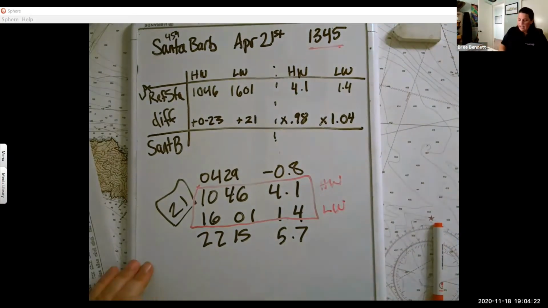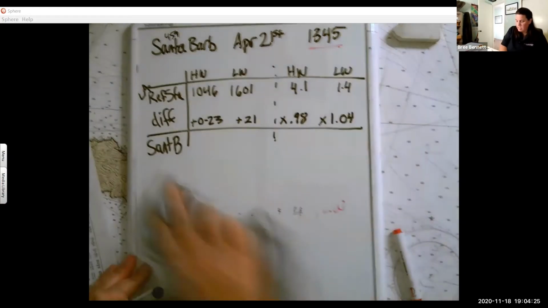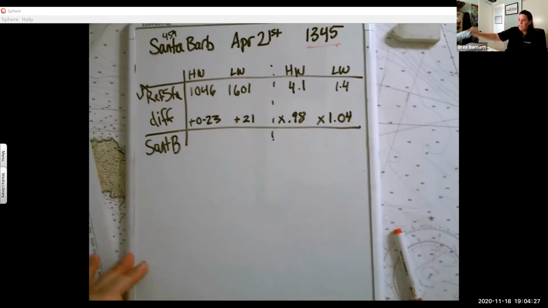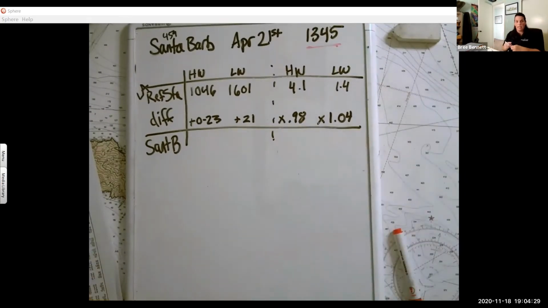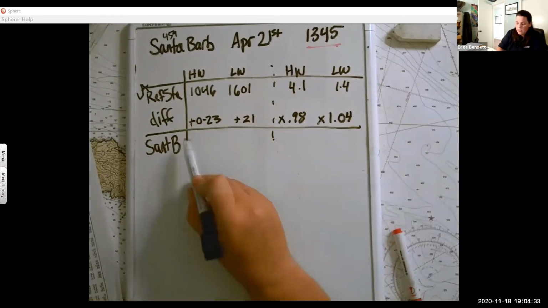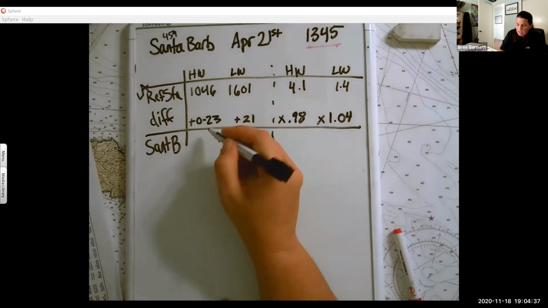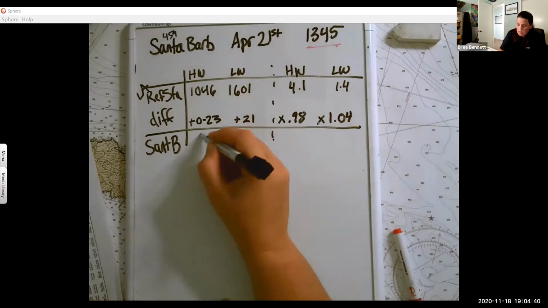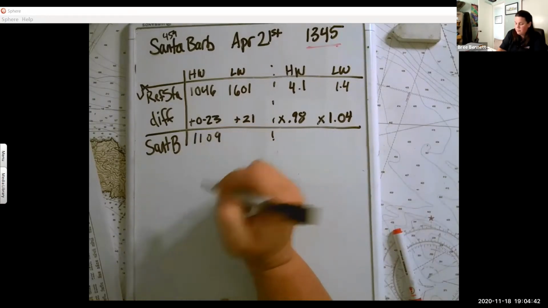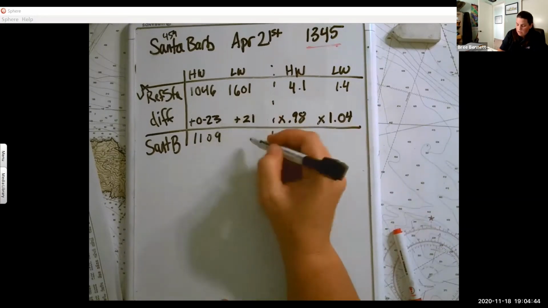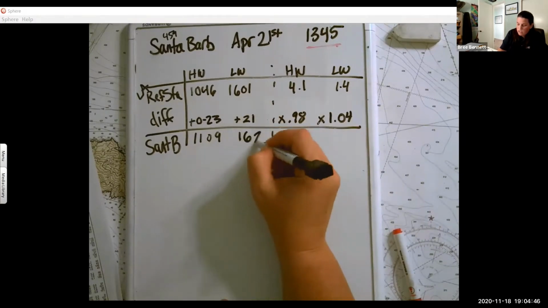So now I have my equation here, and I am going to apply these differences. So I'm adding here, and that gives 1109, and that would be 1622.